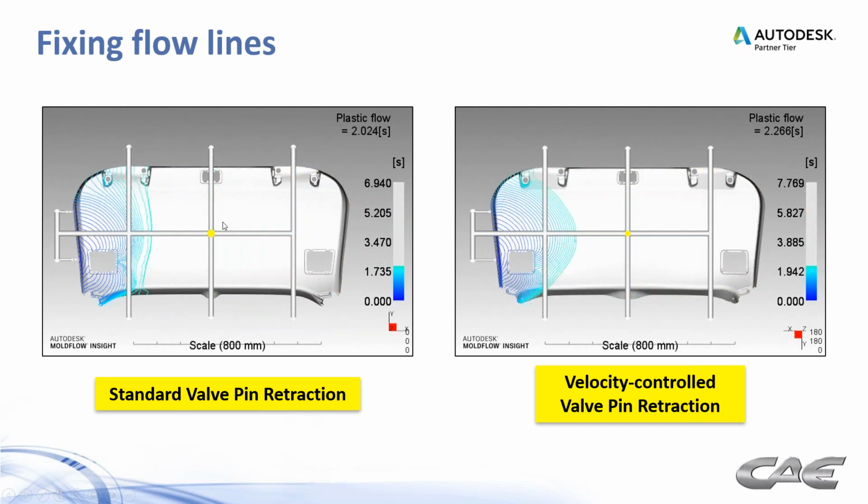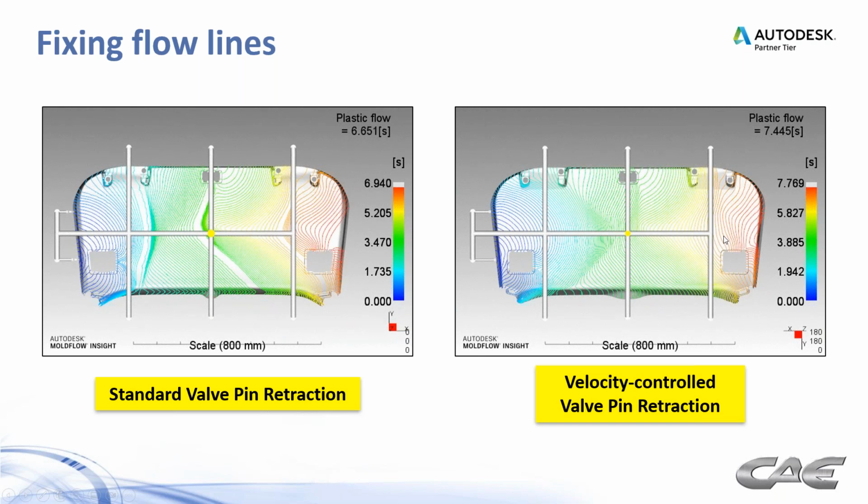So we're using valve gates, which is a good thing to avoid knit lines, but if we set it up like this without any valve pin control, then we can expect some flow lines. So when we went to velocity controlled valve pin retraction, you see these flow contours are much nicer in terms of how they're spaced apart from one another.